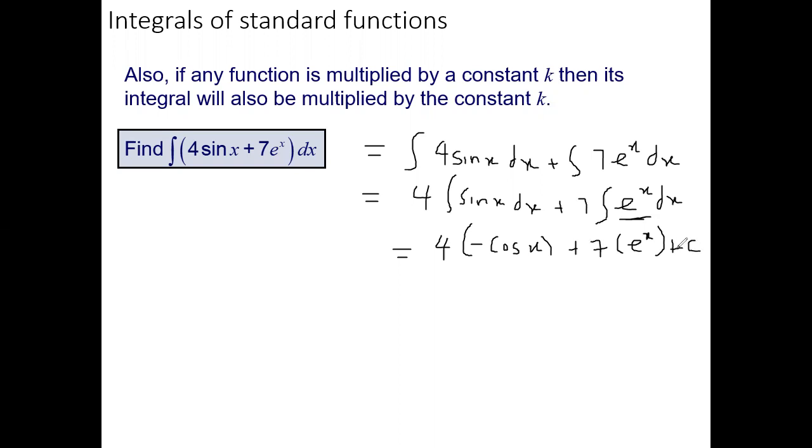So introduce the constant of integration. So the final answer will be minus 4 cos x plus 7e raised to the power x, then plus c.